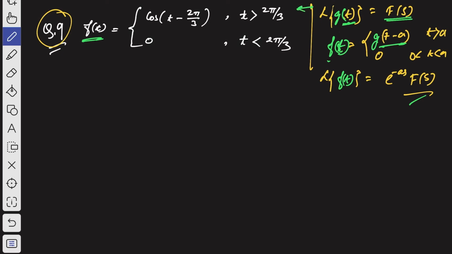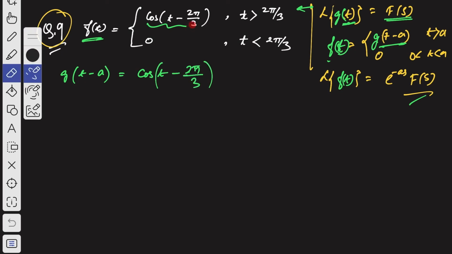If you compare with this, then what you will get, this is the g of t minus a, in this case cos of t minus 2 pi by 3, that's what we got, right?